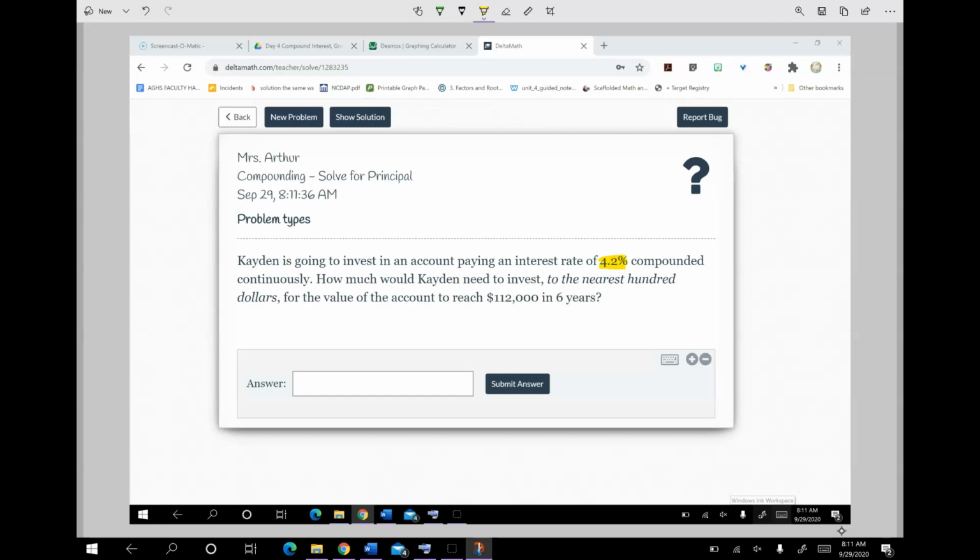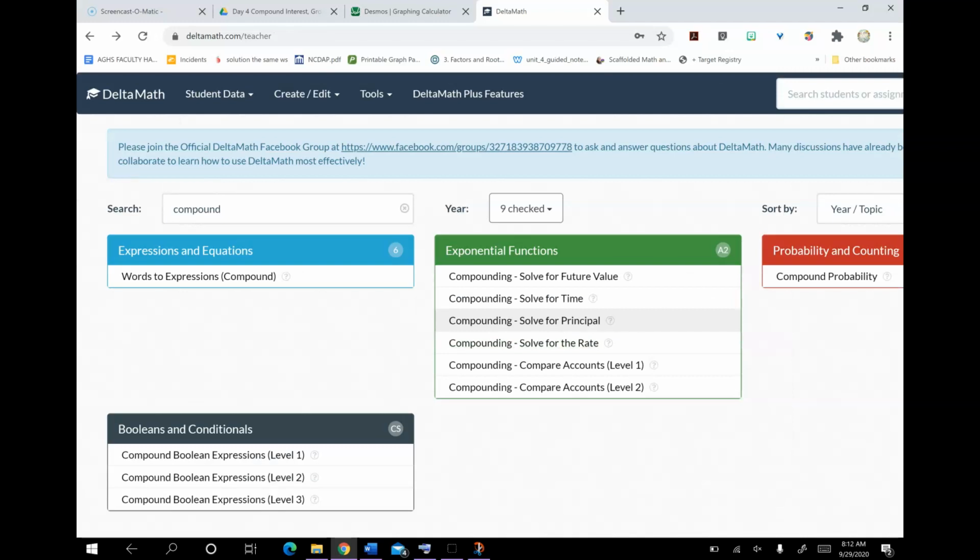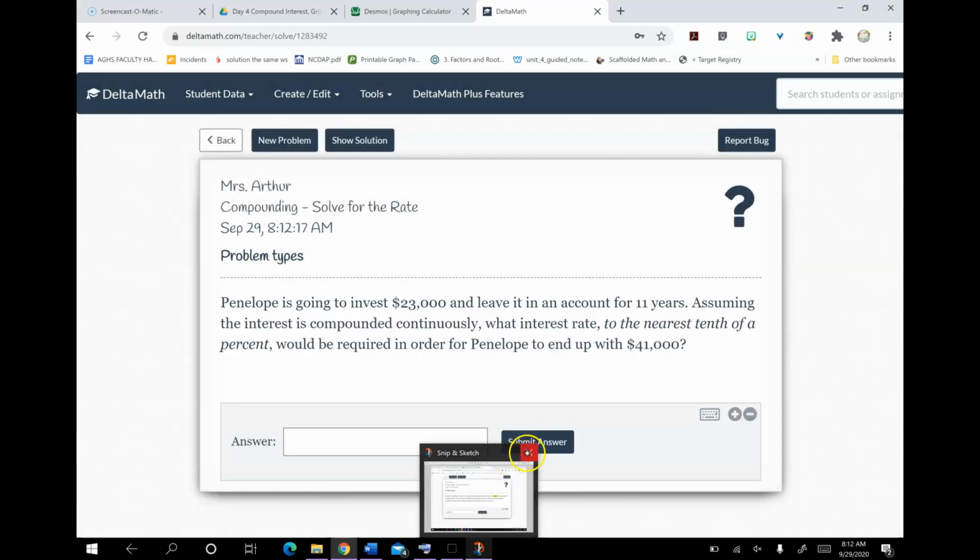Oh, we are not doing that one yet. I did not read that. Okay, we can't do that one yet. All right, so we're going to switch gears. That's me. The compound continuously is the next video you're going to watch. I was splitting it up. So we'll just go ahead and solve for rate. Try not to overlook. Okay, that says compound continuously also.